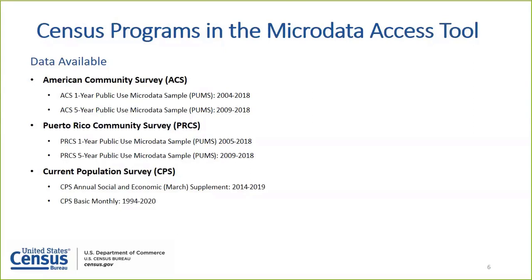We have 1-year data from 2004 to 2018, and then the 5-year data from 2009 to 2018. There are also a couple of additional data sets from the Current Population Survey, or CPS. We have the CPS Annual Social and Economic March Supplement from 2014 to 2019, and then CPS Basic Monthly Data from 1994 through 2020.